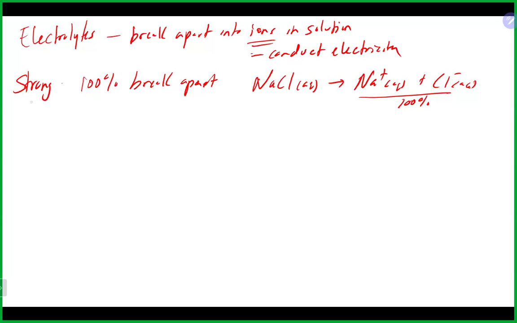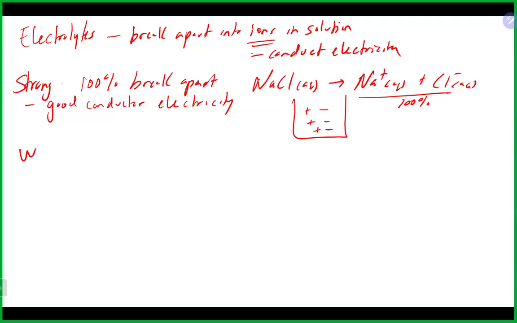That's why it's a really good conductor of electricity, because essentially in your beaker you have nothing but ions floating around, which is pretty much necessary for electricity to be conducted.